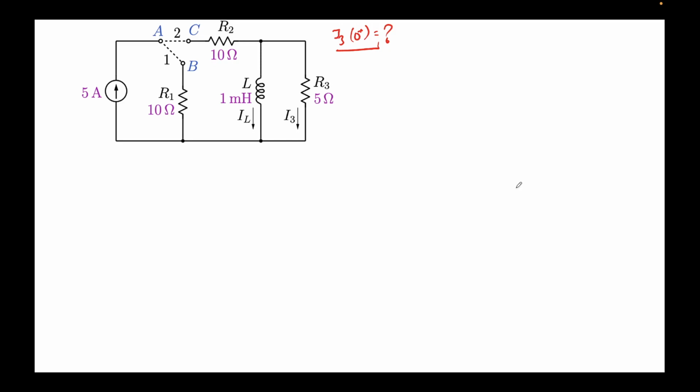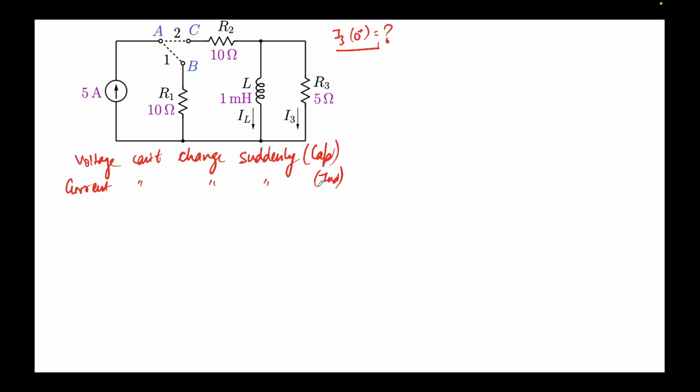Now just like in the case of the capacitor, we had discussed that voltage can't change suddenly, right? Similarly, this is for the capacitor case. In this case, current can't change suddenly for an inductor.